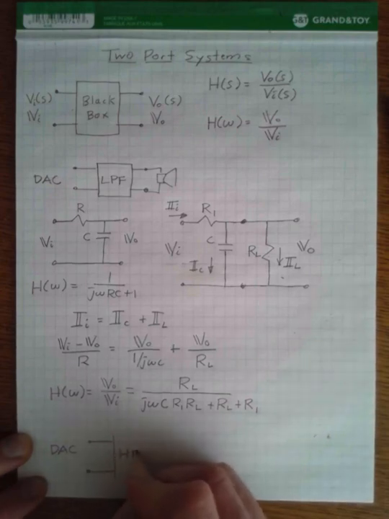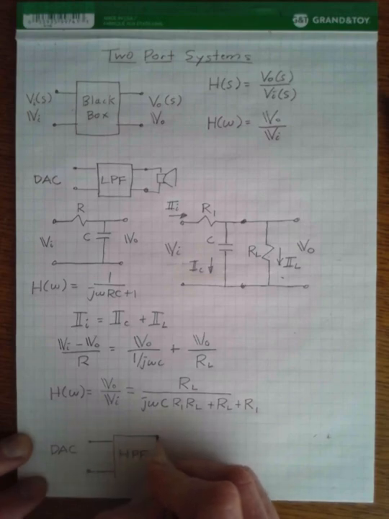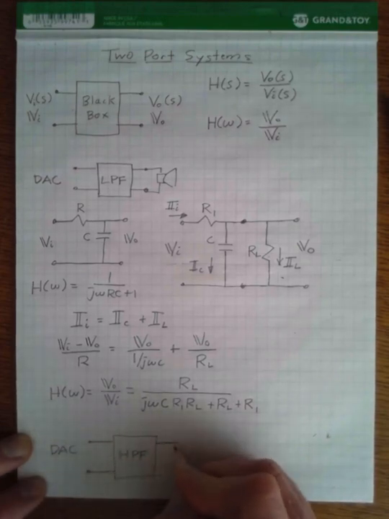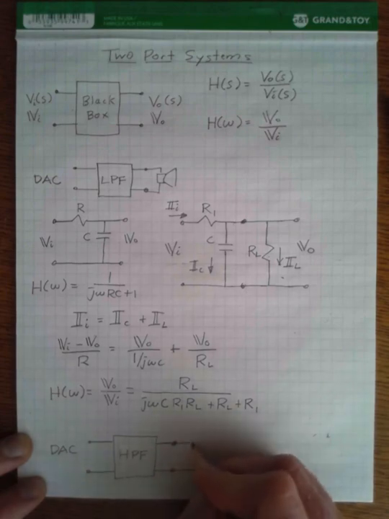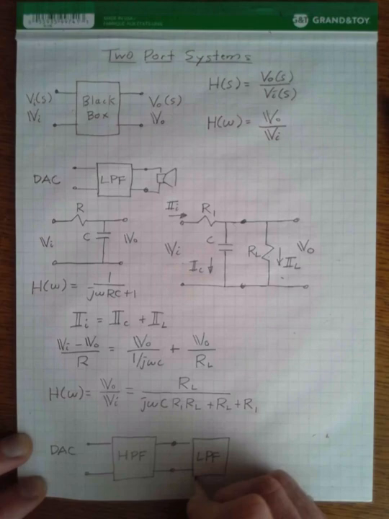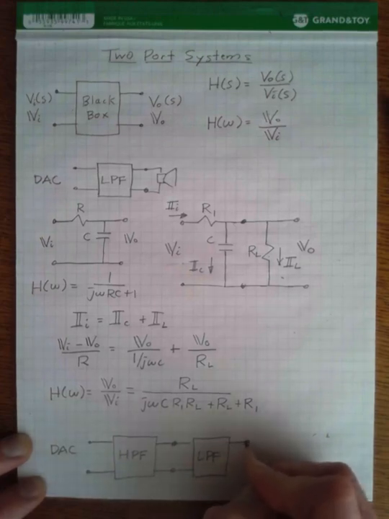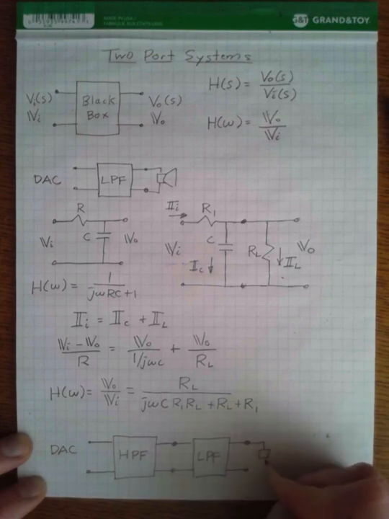So we use a high-pass filter to get rid of the DC offset, and then we cascade that with a low-pass filter to get rid of all the quantization noise, and then finally we hook this up to a speaker.